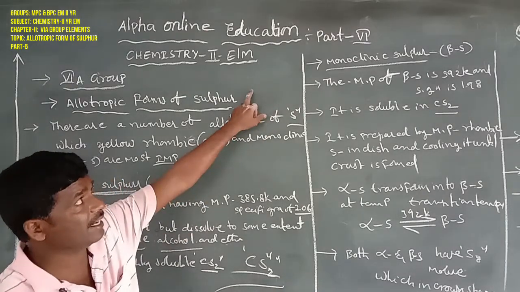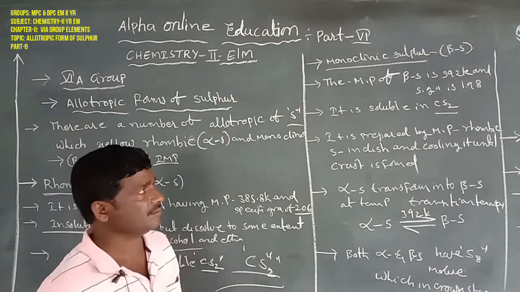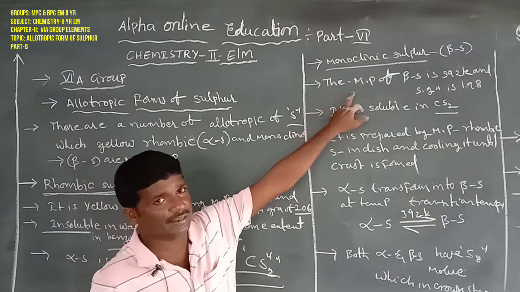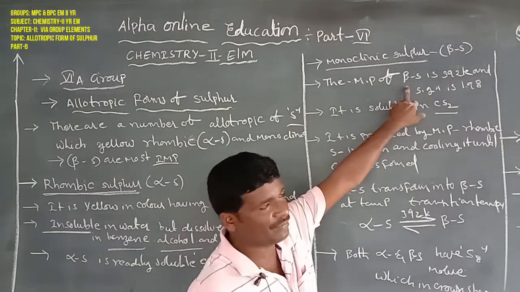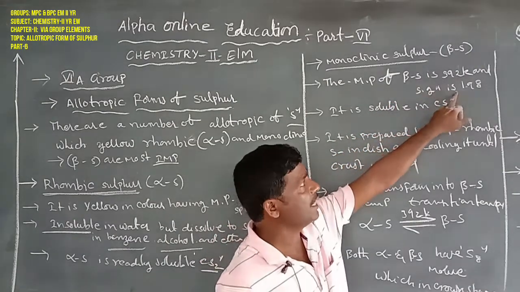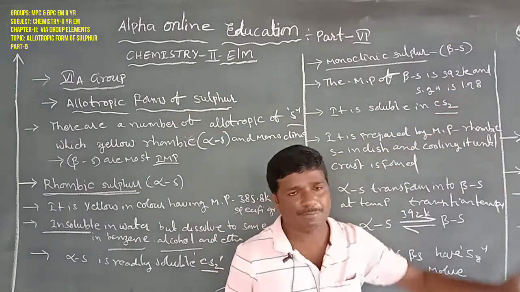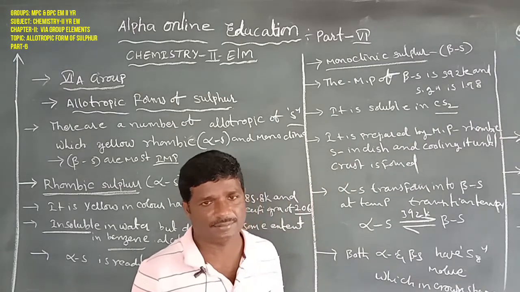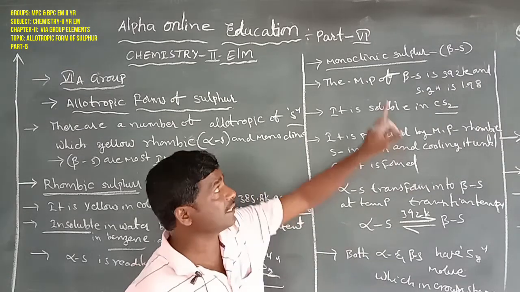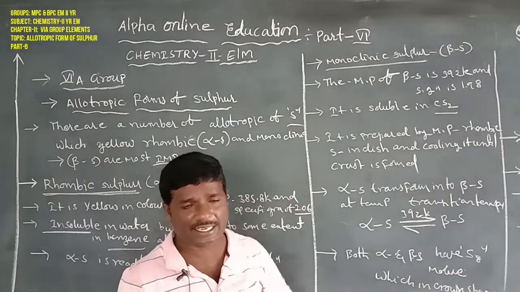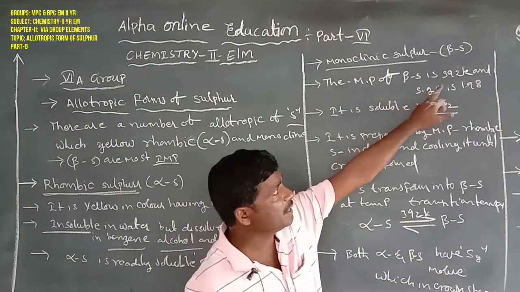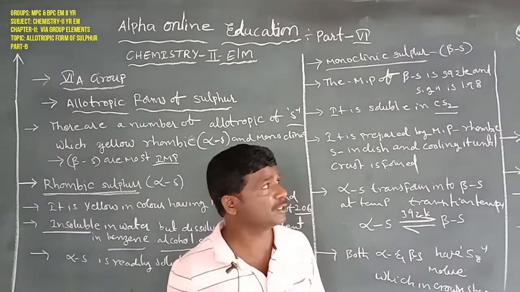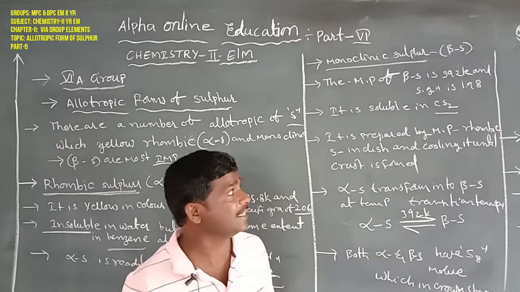The second one is monoclinic sulfur, also known as beta sulfur, having a melting point of 392 kelvins and specific gravity 1.8.